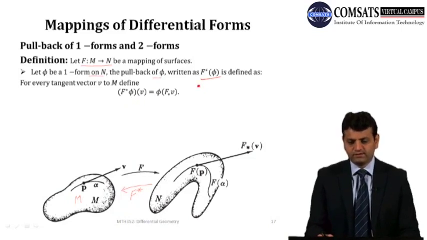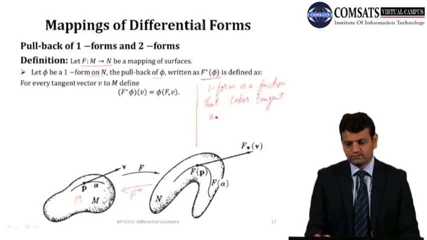Now what is a one form? Let's just recall one form. A one form is a function that takes tangent vectors to real numbers, and it is also a linear function.